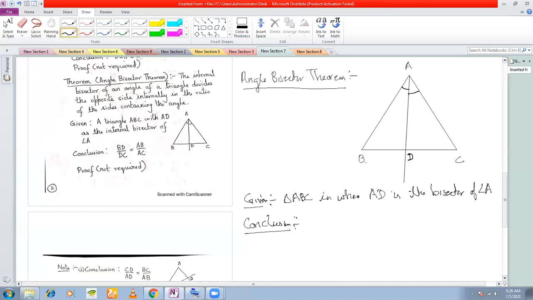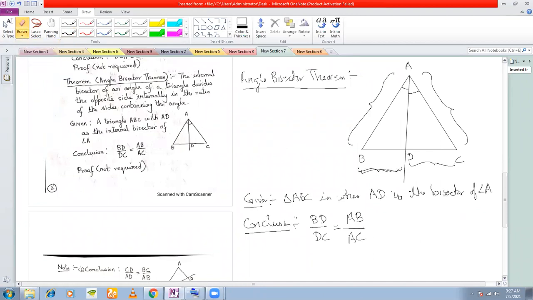You can conclude that the ratio of this BD to this DC must be equal to the ratio of, since we have written BD first, we will take this side first, AB by AC. Okay, this is what the angle bisector theorem states.